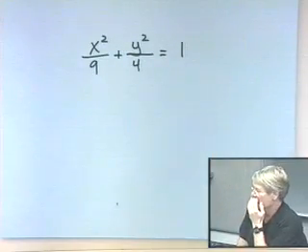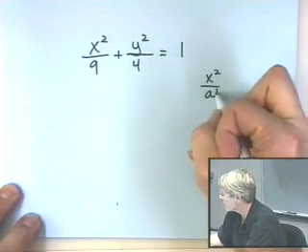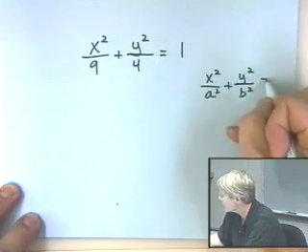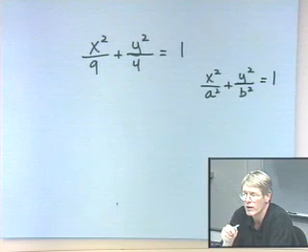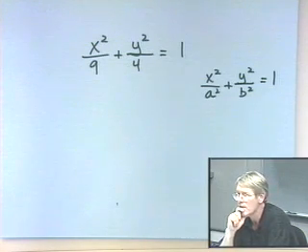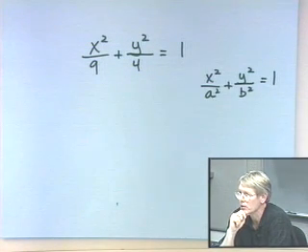Notice the form that we had a while ago was x squared over a squared plus y squared over b squared equals 1. Are we assured in this form, the way we developed it, that a is larger than b? What was the Pythagorean relationship between a, b, and c?